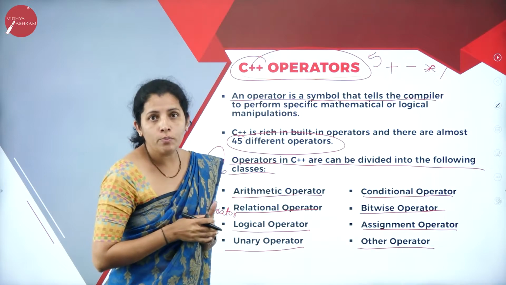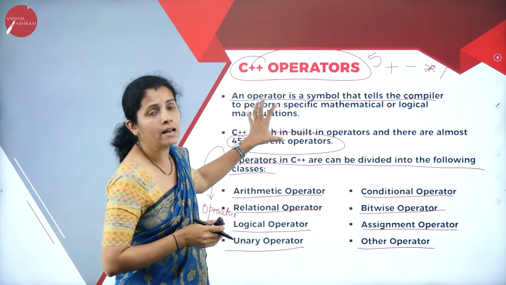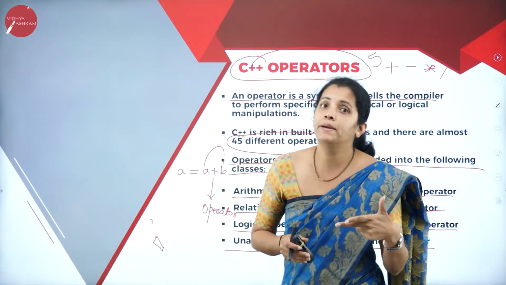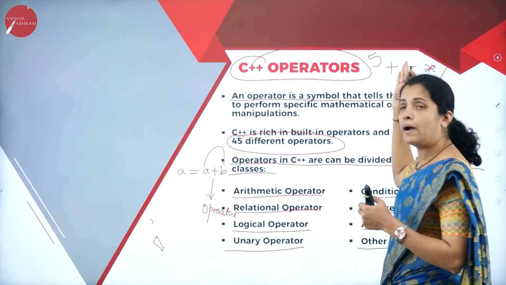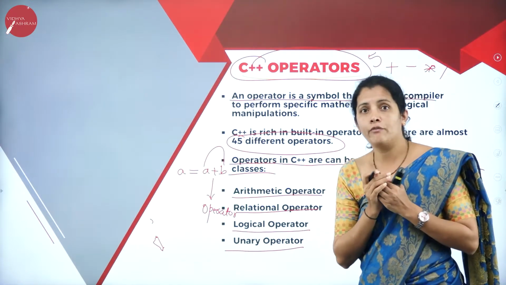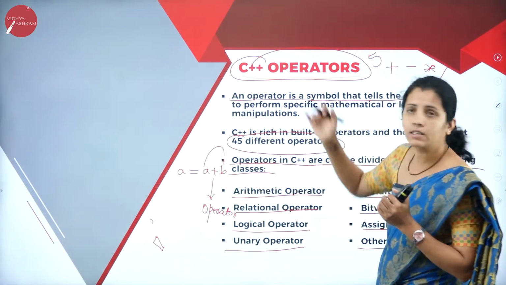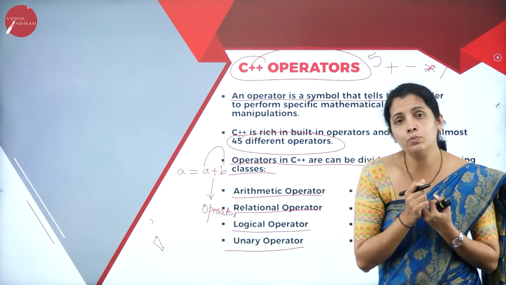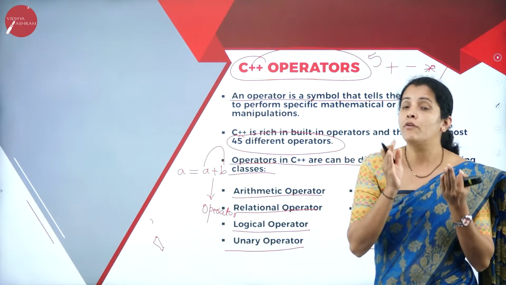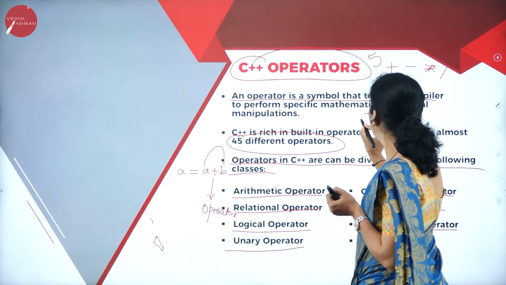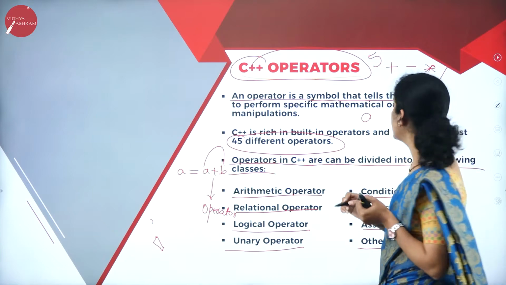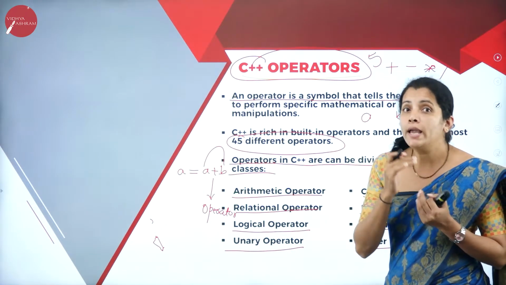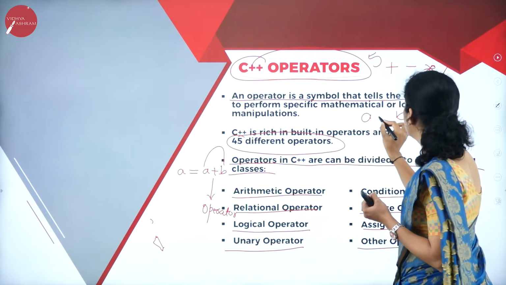So what is an operator here? Operators are nothing but symbols. Examples of such symbols are plus, minus, asterisk, or forward slash. These are examples of operators. And how can I place the operator here? For that I require two operands, A and B, and I'm going to place the operator in between.